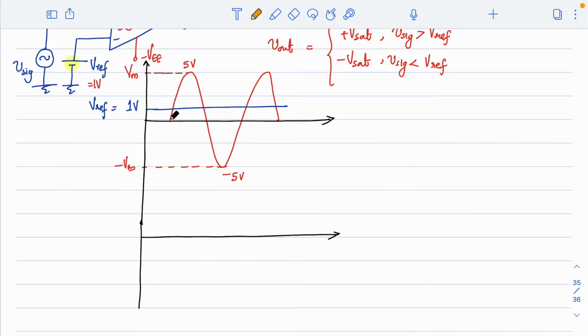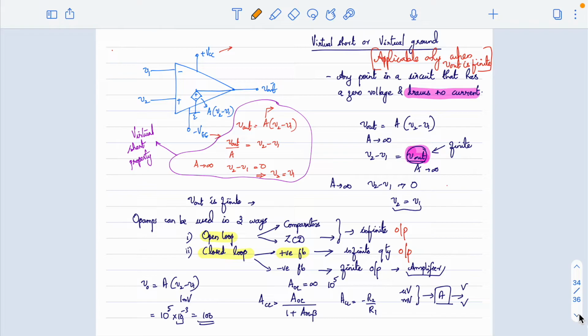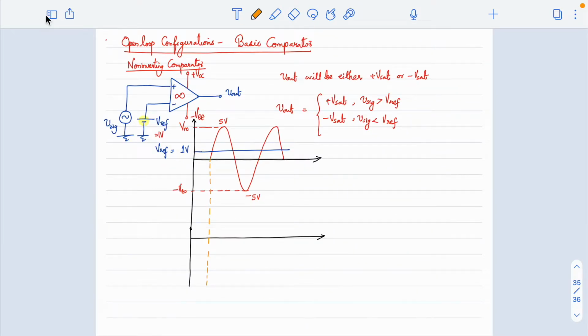The input signal starts here. So the comparison also starts here. You have an Opamp here, and now these two voltages will be compared and an output will be produced. Now what is the output? So how can I write the output voltage expression here?